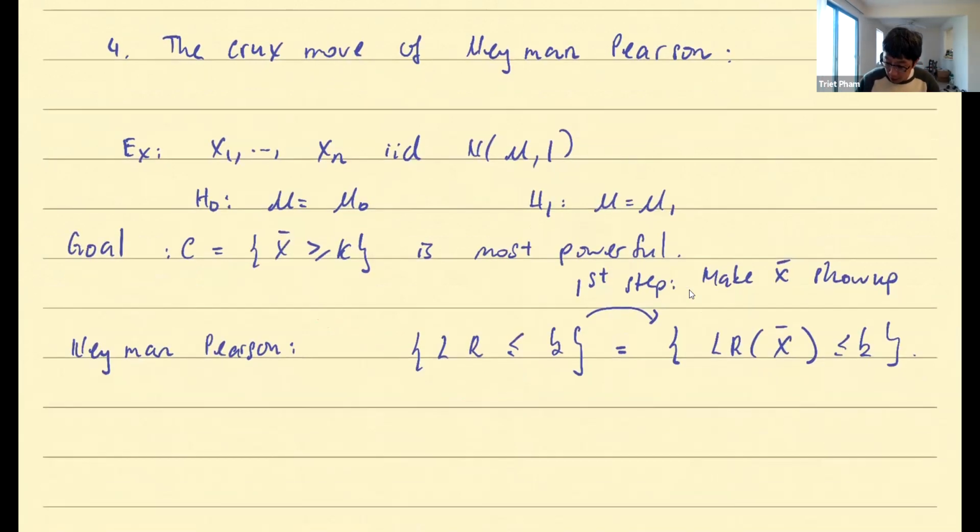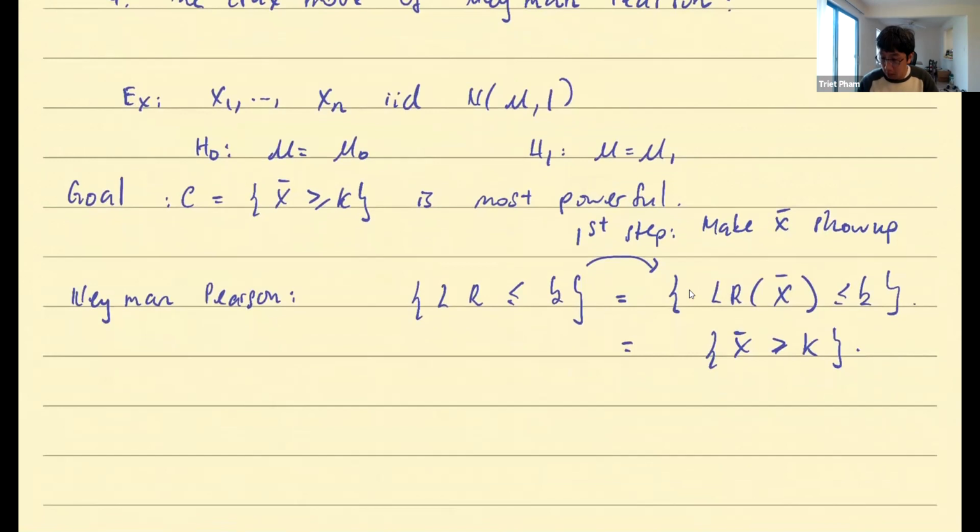Second step. Now that you have this, look into this. How can this and this be equivalent? Well, a student in analysis will know this, because this is a function of this. Now just forget X bar as a statistic, just think of it as a variable. You say that there's a variable that if it's high, then its function is low.